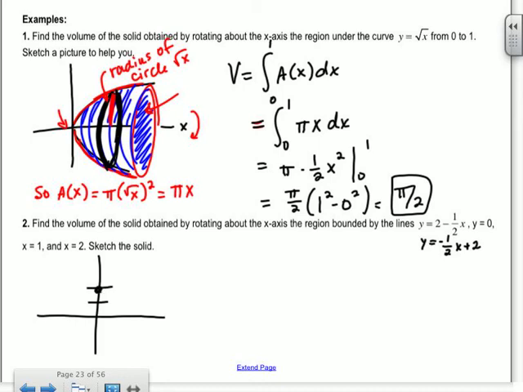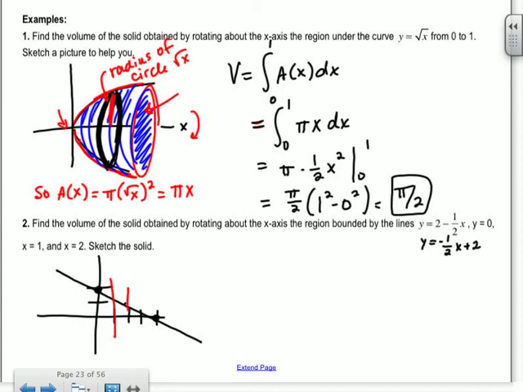You're going to go down 1, right 2. Down 1, right 2. All right, so we get that line. y equals 0 is just the x-axis. x equals 1, and x equals 2.